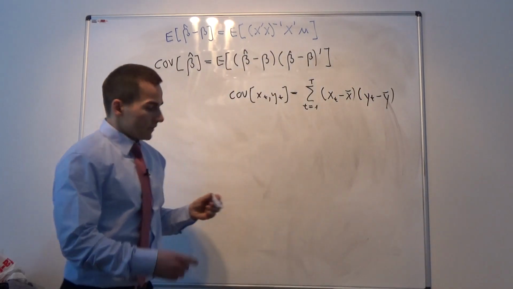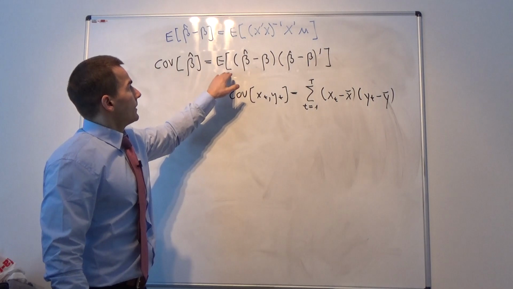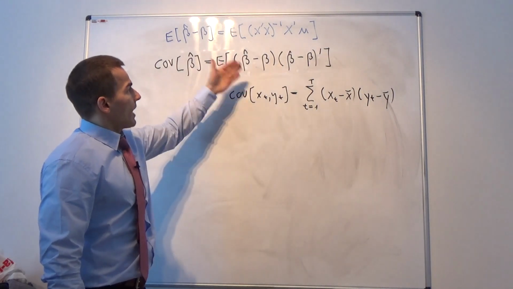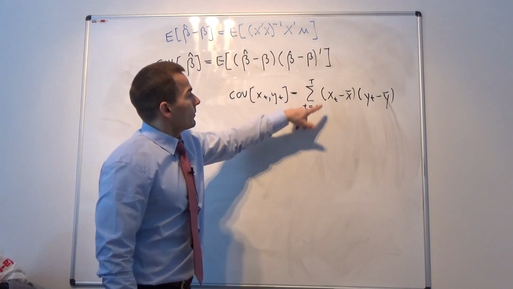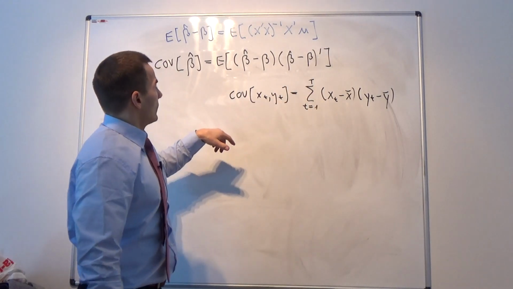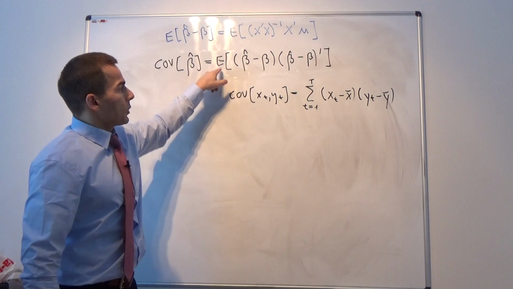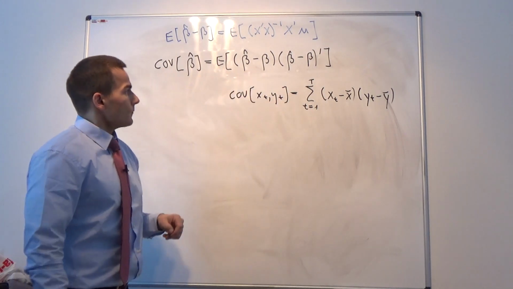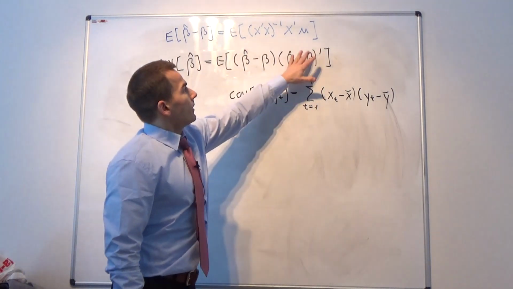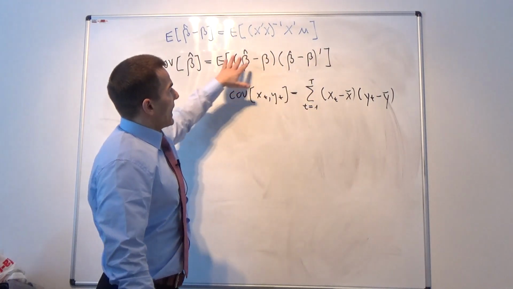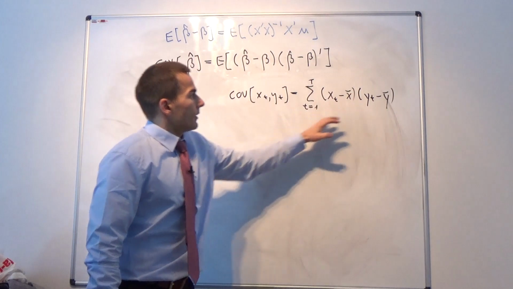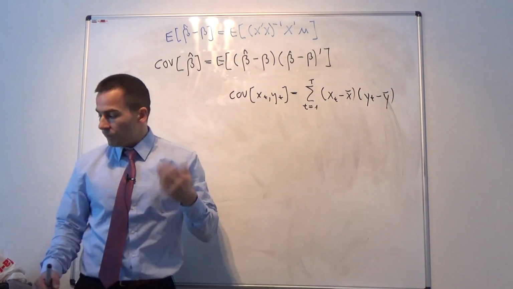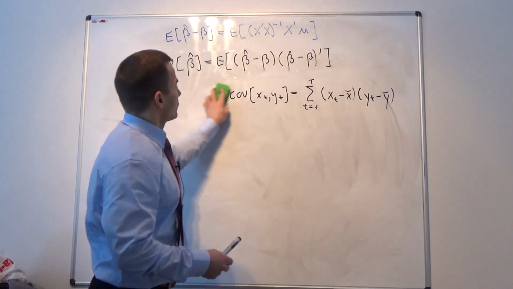So that's basically the counterpart here, because now we have a random vector, and this sum sign is replaced by the expectation operator. So what we have here is the vector counterpart of this expression. This is basically how you can think of it.